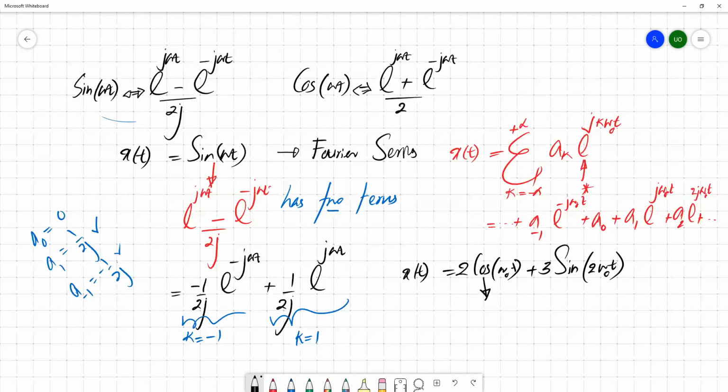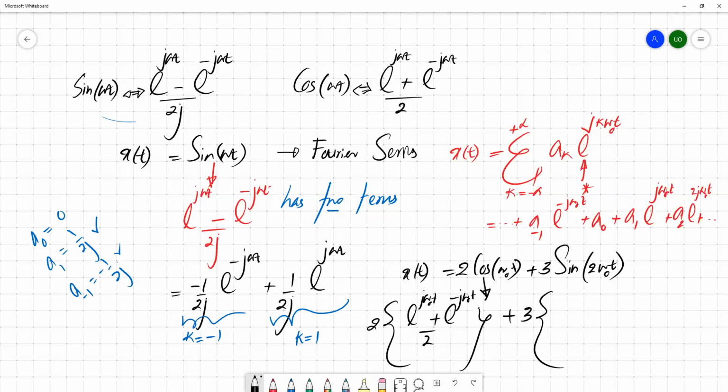So then we have 2 cos omega naught t, which you can simply write as e to the power j omega naught t plus e to the power minus j omega naught t, divided by 2. Then 3 here, sine, you can replace with e to the power j 2 omega naught t minus e to the power minus j 2 omega naught t divided by 2j. Then we have to rearrange these terms so that they align with this pattern.